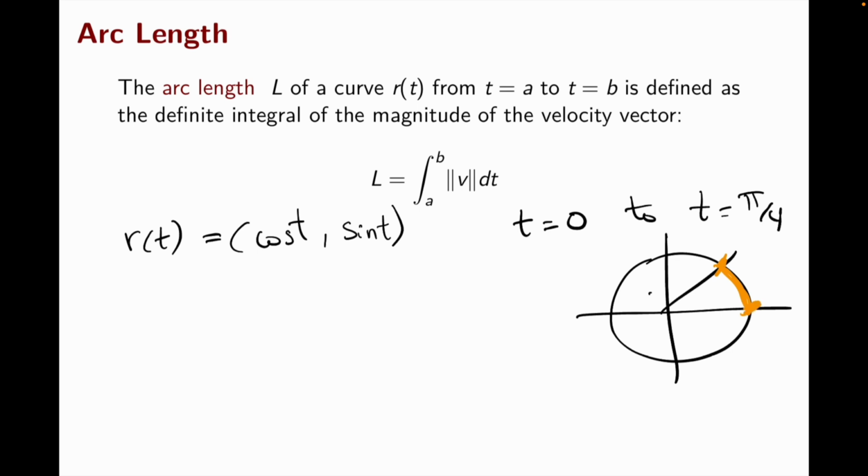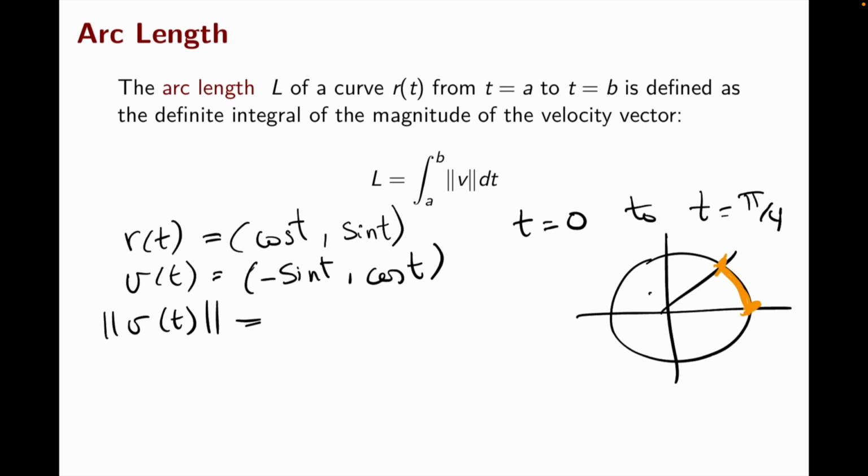Okay, so let's first use the velocity that we have already calculated before: minus sine of t, cosine of t. Then we need to calculate the norm of the velocity. The norm is the square root of the first component squared plus the second component squared. In this case that happens to be sine squared plus cosine squared, which is 1.